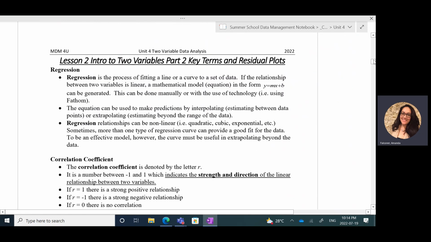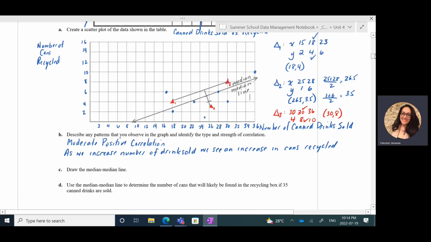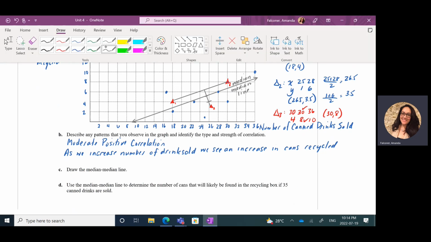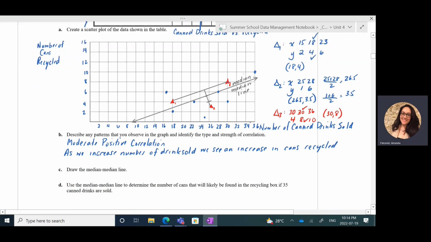So based on this median line, I can interpolate. I'll just go green here. 35 would be here. So going halfway through this box, and then once I get to this median line, I'm going to look across, and that's about 9. 9 cans will be recycled.